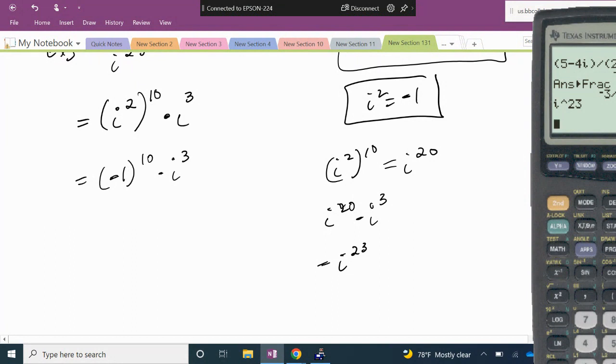If I were to take -1 and raise that to the 10th power, that would actually give me a +1, because if I take -1 times itself 10 times, that will reduce down to give me a +1.